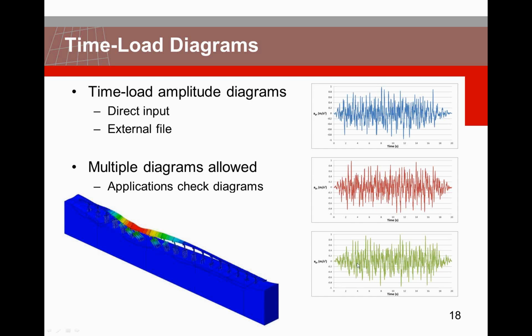And for the vertical, it is, say, for instance, 0 at the same time. And the application will make sure that each load is applied correctly at the same time. So it's nothing you have to combine. You just give up your individual directions. So you have 3 loads with 3 time load diagrams, and you can do a full 3D transient dynamic analysis.